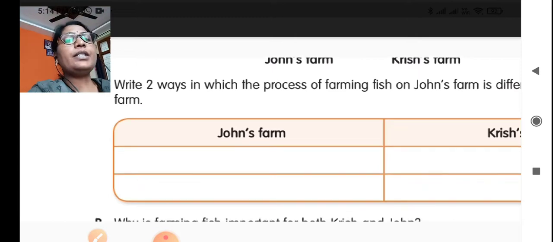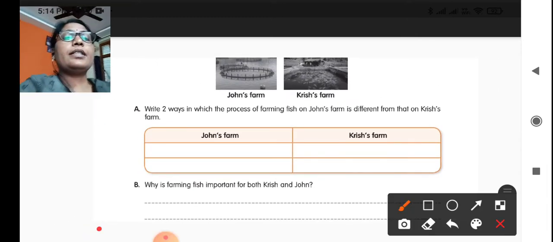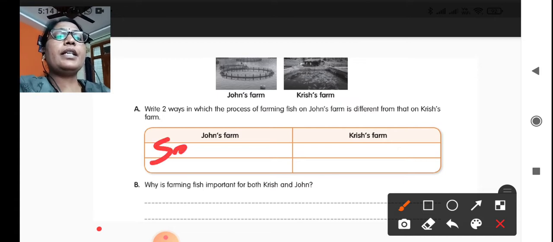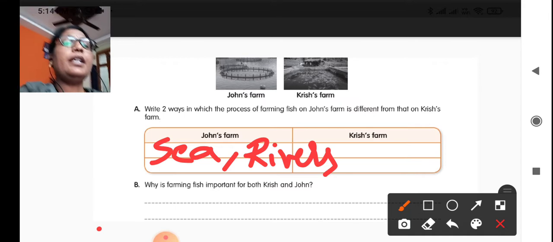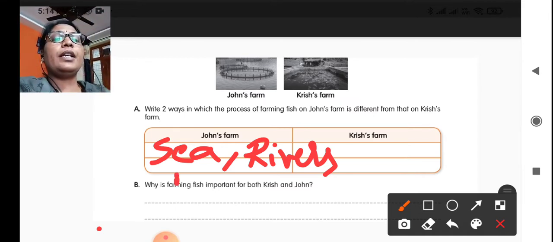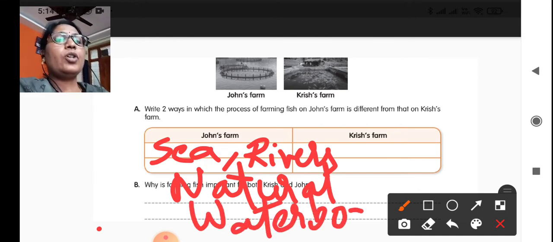So in John's farm, this can be done in seas and rivers, in natural water bodies. In natural water bodies, John is rearing the fishes.